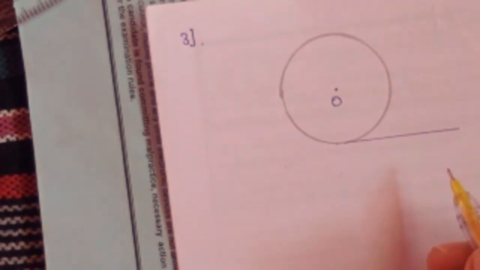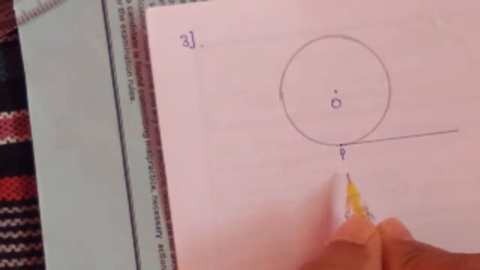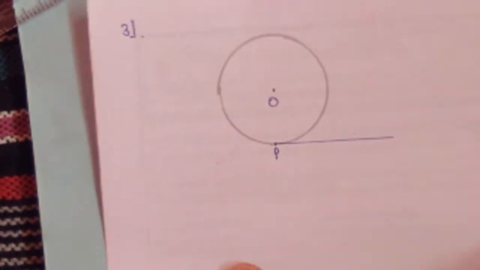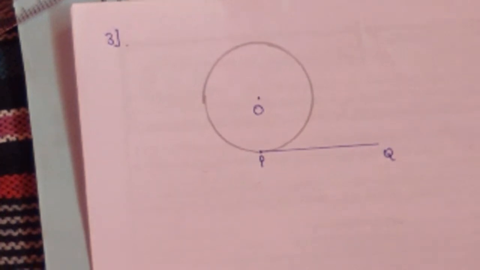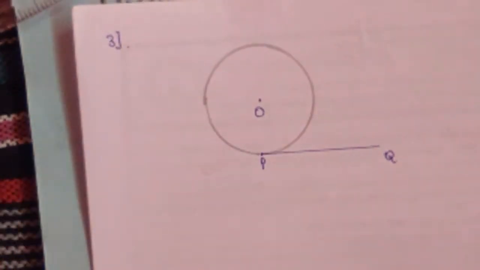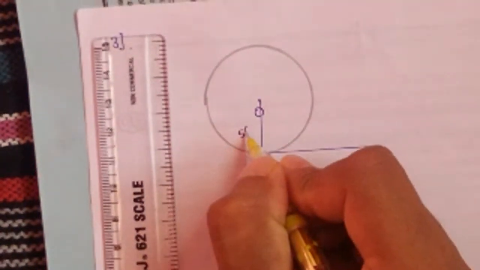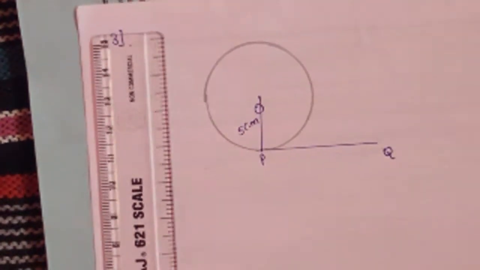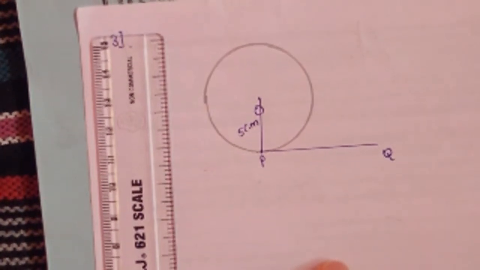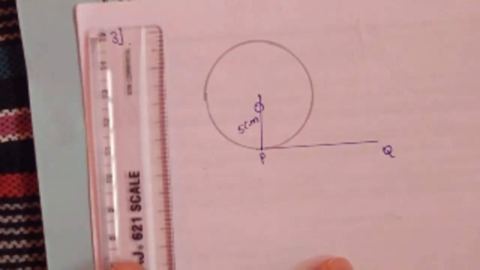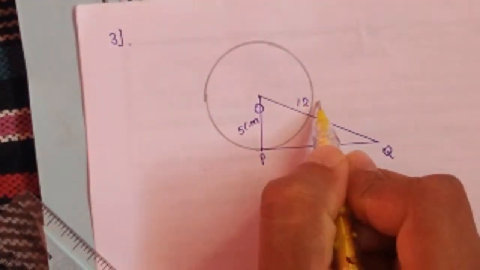Tangent PQ at point P. So here P is the point of contact and Q is the another point of the tangent of circle of radius 5 centimeter. Radius given, I will join these 2 points, center and the point of contact, it is 5 centimeter. Meets the line through center O at a point Q, so that OQ is 12 centimeter. OQ is given, that is 12 centimeter.